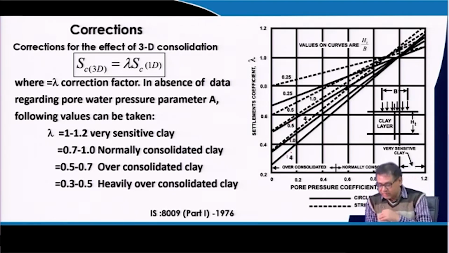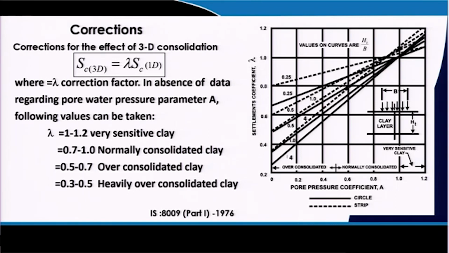So, if you have the A value, then corresponding to that A value, whether it is a circular footing or strip footing, and if it is in between, then you can linearly interpolate the value.